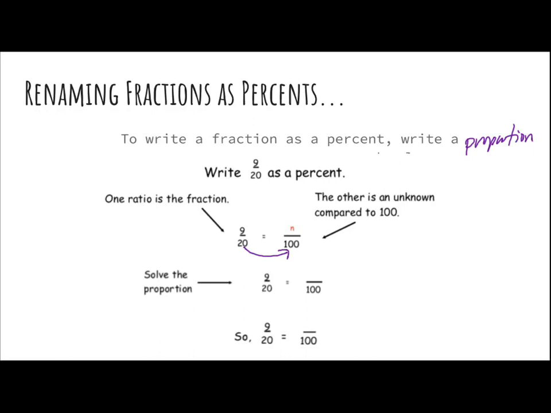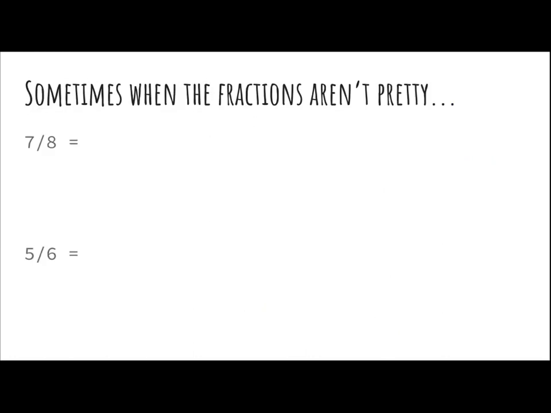So to do that, I have to think about what happens to 20 so that I can get 100. Well, I have to multiply 20 times 5, which then means I have to do the same thing to my numerator. So 9 times 5 would be 45. So 9 over 20 is equal to 45 over 100, which then is 45%. Remember, if it's out of 100, we can easily write it as a percent.